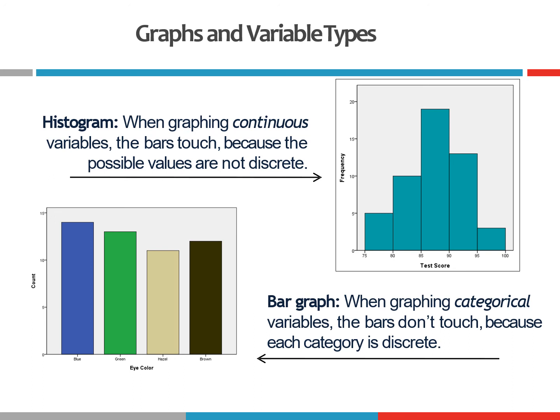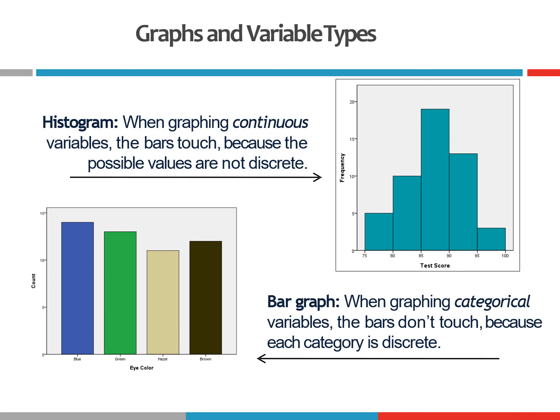So the possible values can overlap, okay? So that's why the bars touch when you graph continuous variables. And when you graph continuous variables, the particular type of graph you use is called a histogram, where the bars are touching.